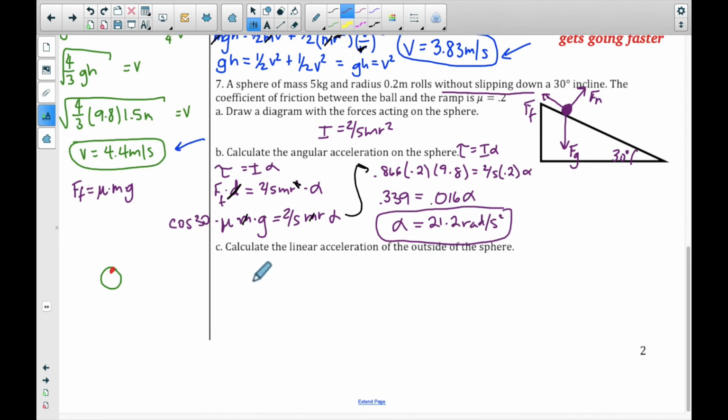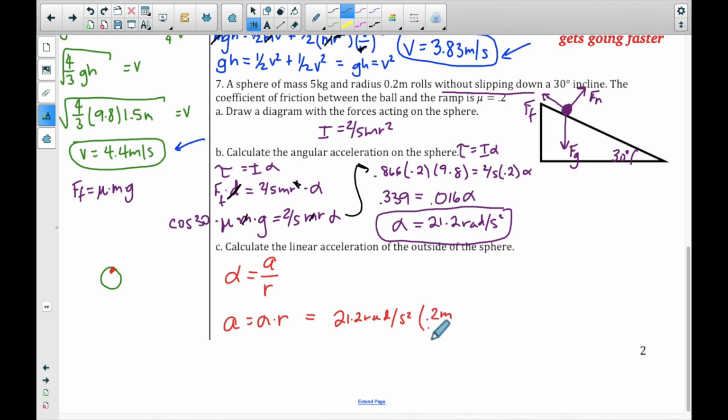To calculate that, remember that alpha is just the linear acceleration over the radius. Or if we rearrange that, we would say that the linear acceleration is alpha times the radius. And so we just figured out that our alpha is 21.2 radians per second squared, and our radius is equal to 0.2 meters.